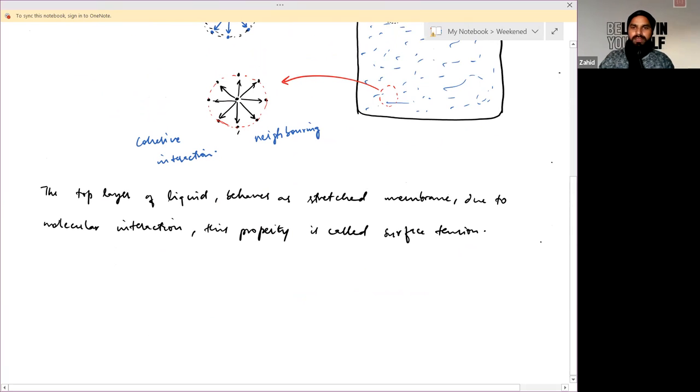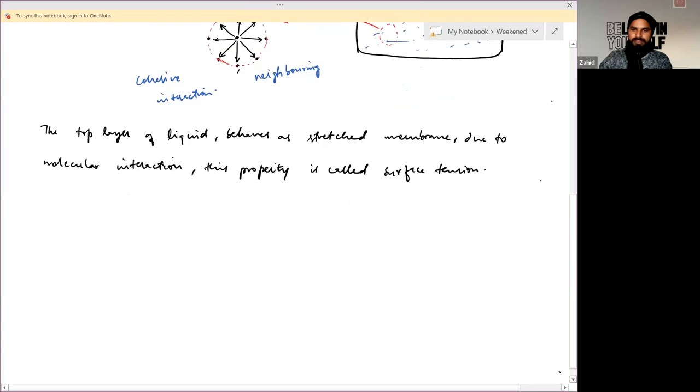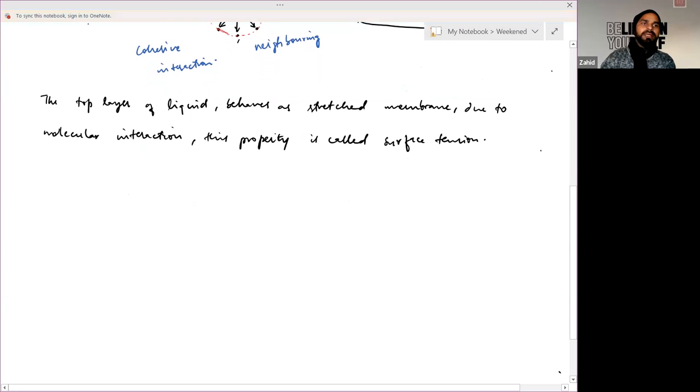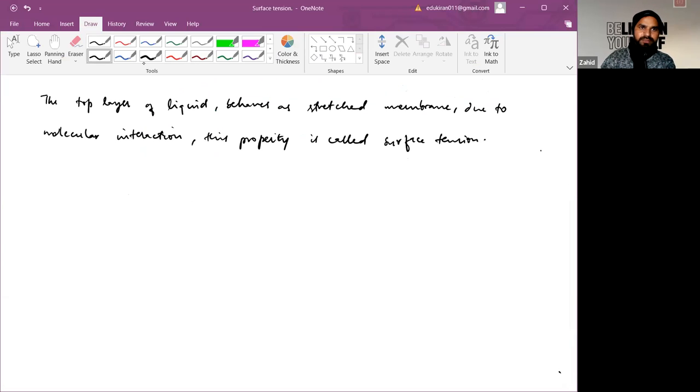Now, on the basis of this molecular interaction, we may define surface tension in some other ways.